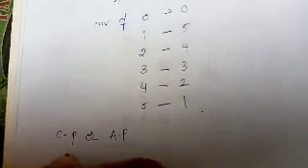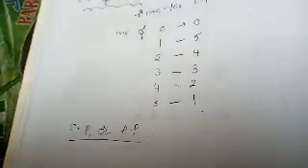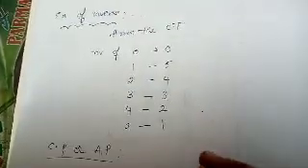The next condition is the commutative property, or abelian property. What is the commutative property?